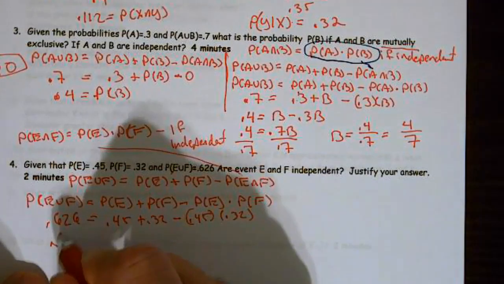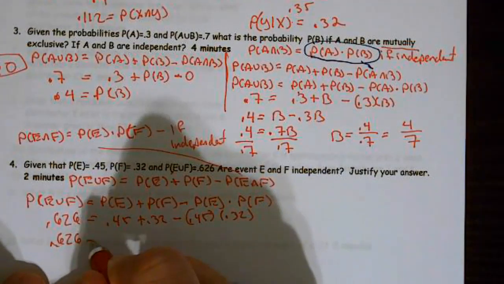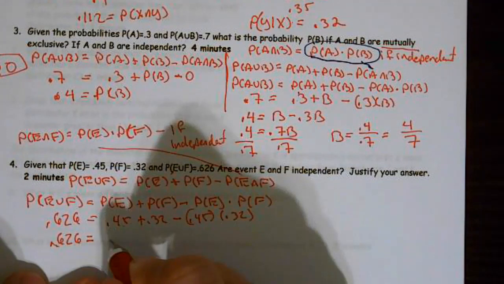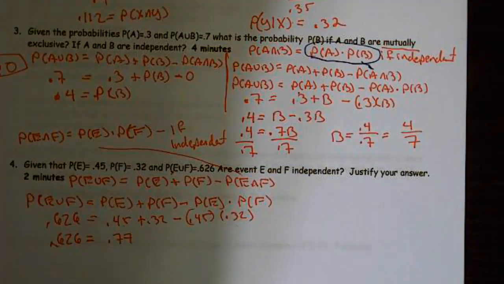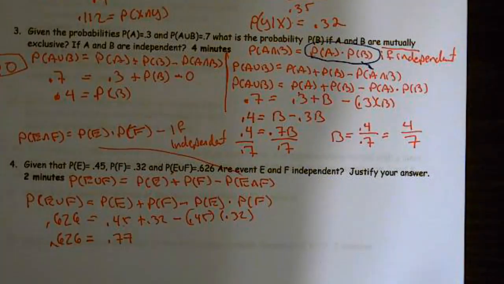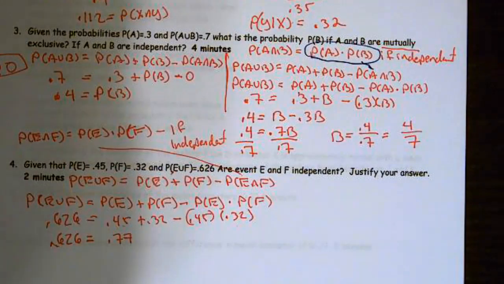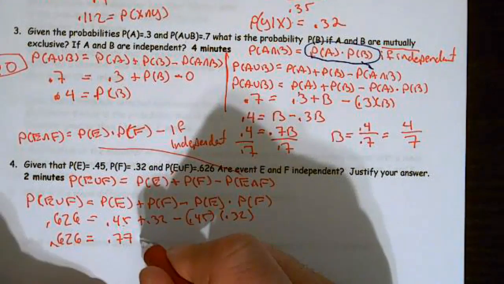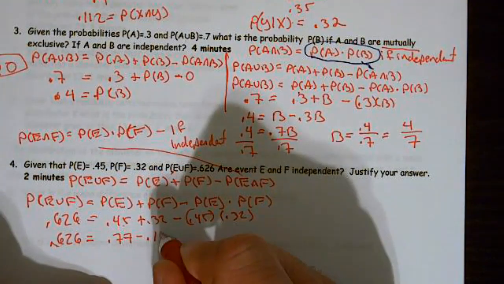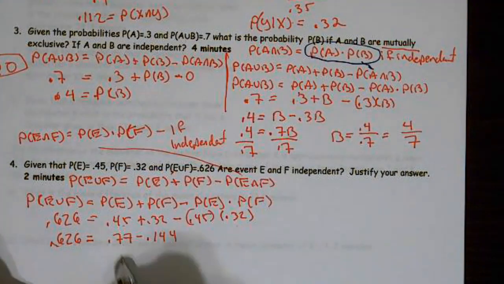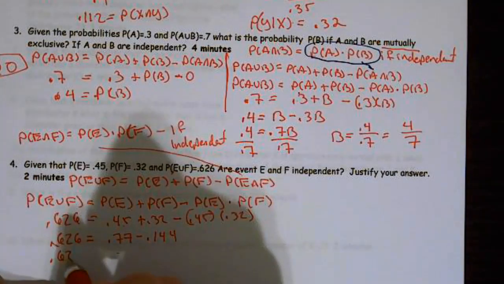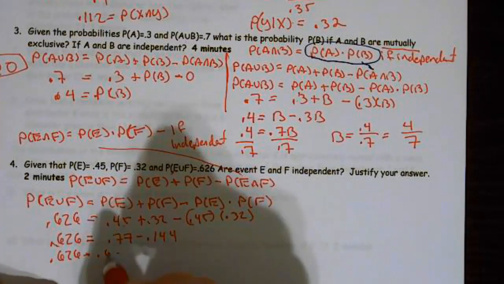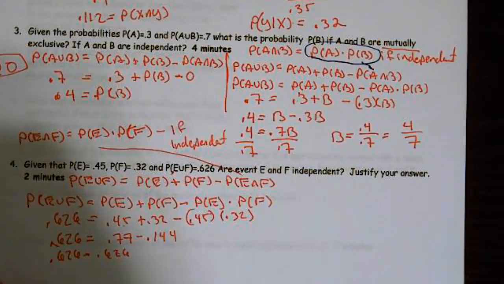So 0.626 equals, add these together, 0.77 minus 0.144. When I subtract these two, I get 0.626 equals 0.626. This is a true statement.